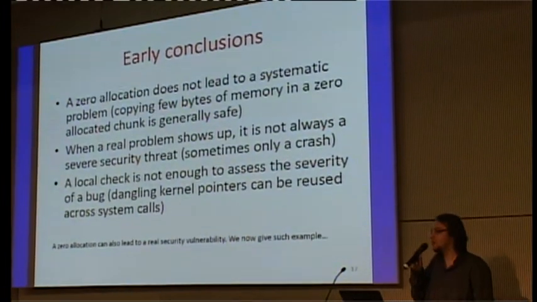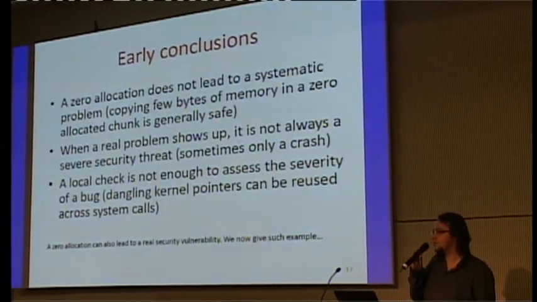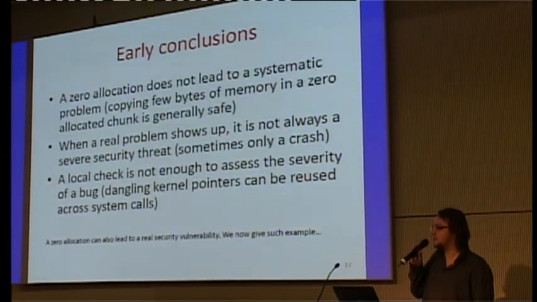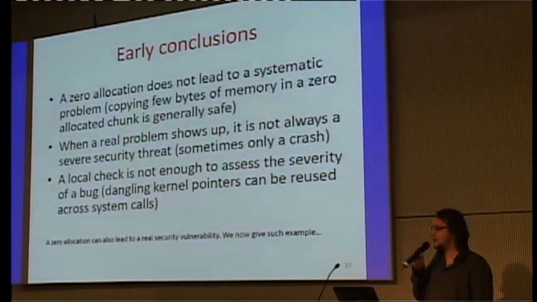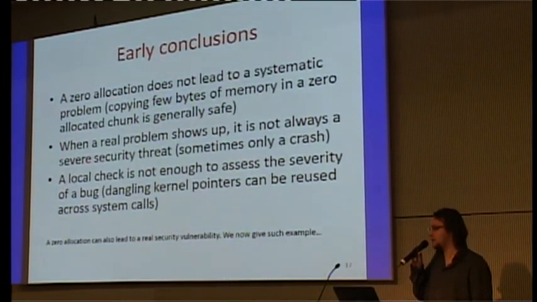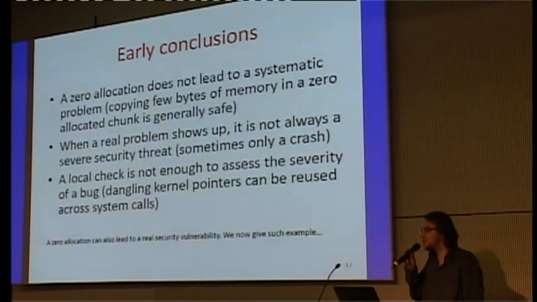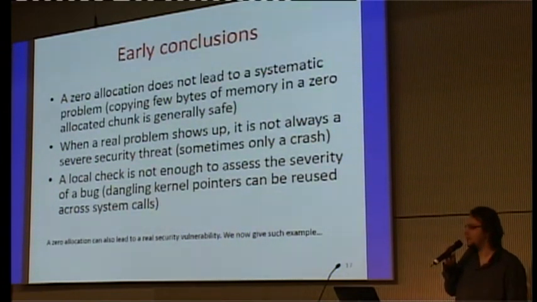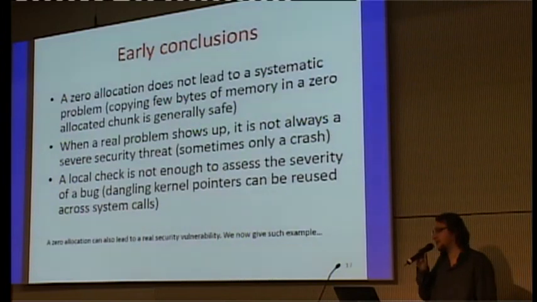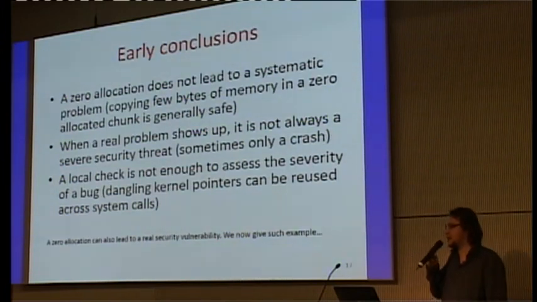Also, doing local checking, say taking a syscall, analyzing the syscall, and going down, sometimes is not sufficient to detect the bugs, because we've seen that we have the syscall, and then we call a function, nothing happens, but if you take another syscall that uses the same data, then a true bug can happen. So you cannot just take one syscall, analyze it, and then do something else. You have to correlate the code review analysis of the multiple syscalls, or do other things that I'm going to present after.